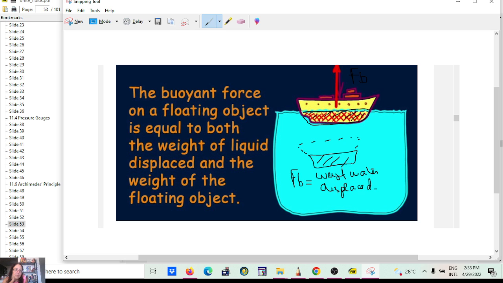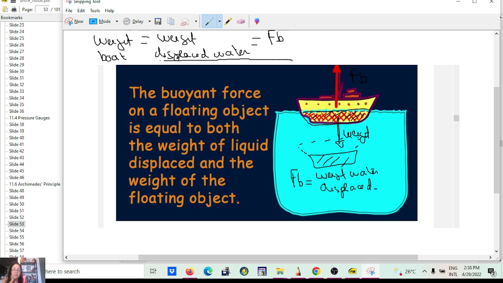And you see that because it's floating, you also have here the weight of your boat. Okay, so the weight of your boat will be equal to the weight of the displaced water. That's going to be equal to the buoyant force because it's floating.